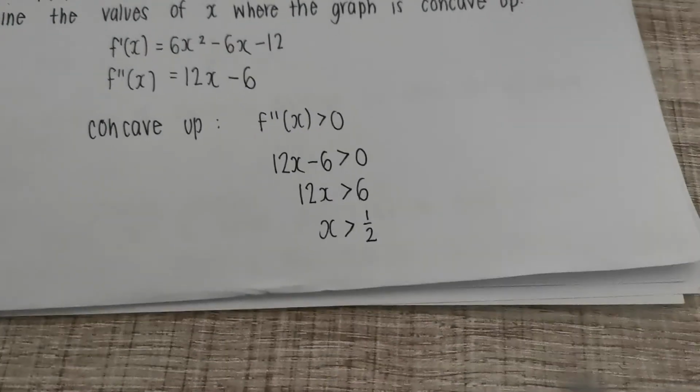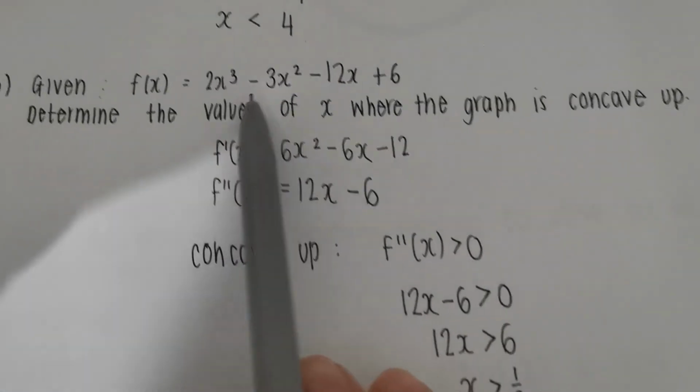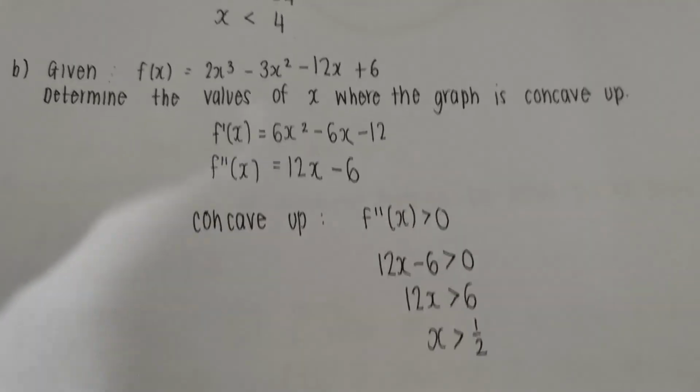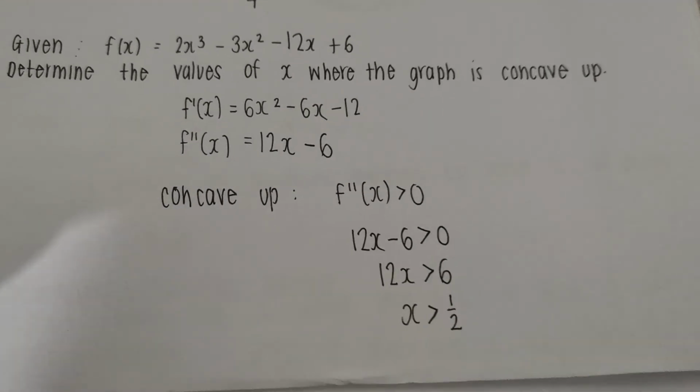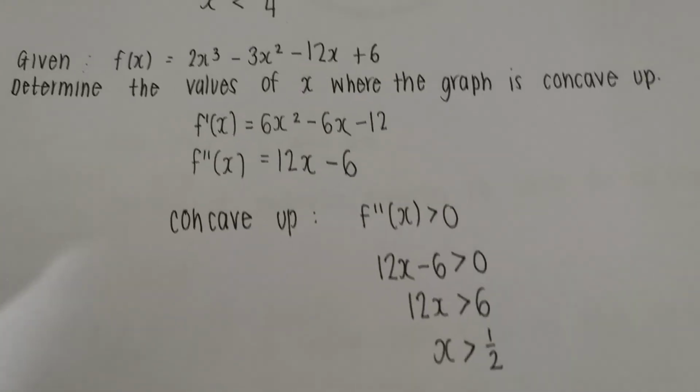There we go. Basically, everywhere where x is greater than half, this particular graph over here is going to be concave up. Okay, this is very important to know. And that's it for second derivative and concavity.